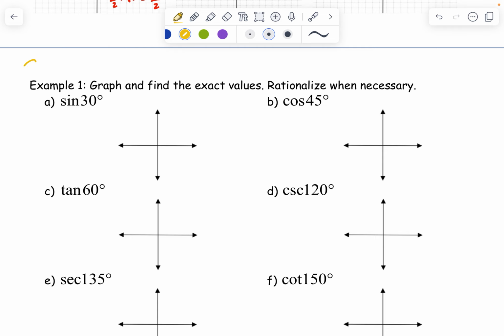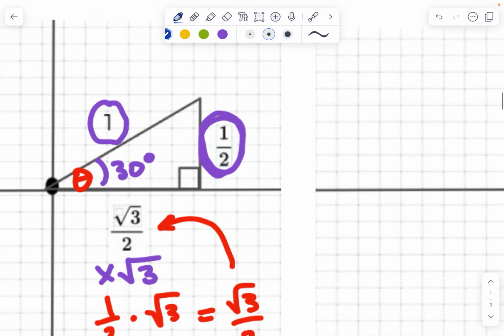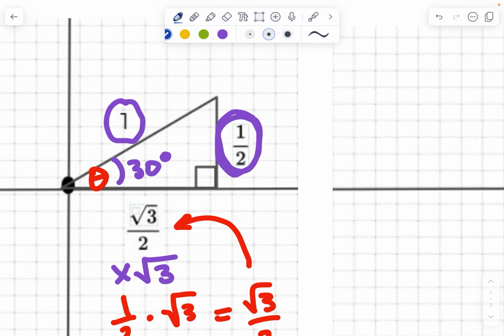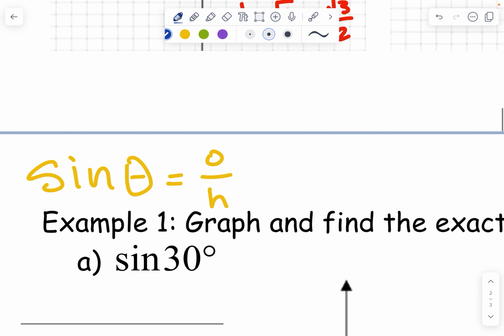We talked about sine, which is, if you have sine theta, it's opposite over hypotenuse. But if we're talking in terms of these angles, like when it's graphically laid out, your opposite is your y, your hypotenuse is your r. So we would say that our sine is y over r.